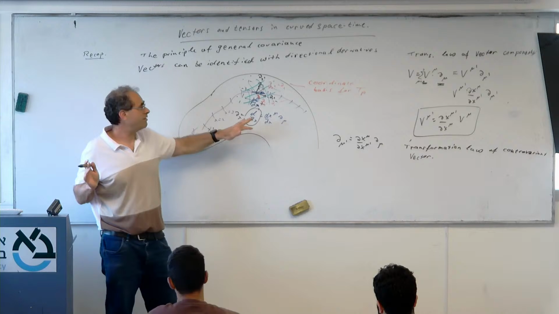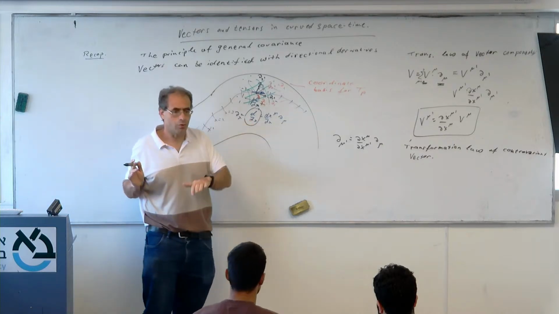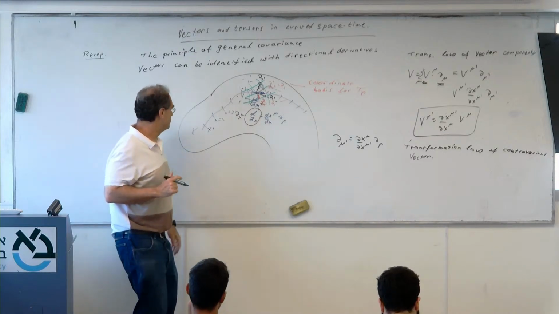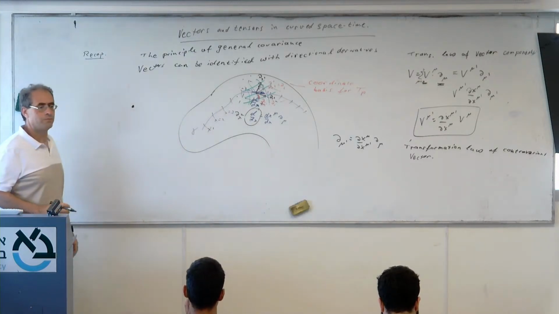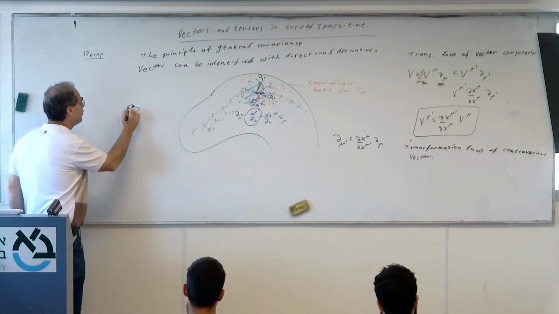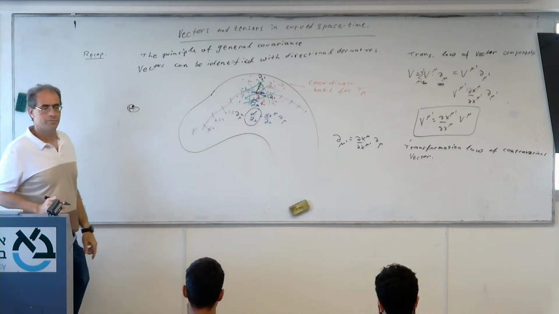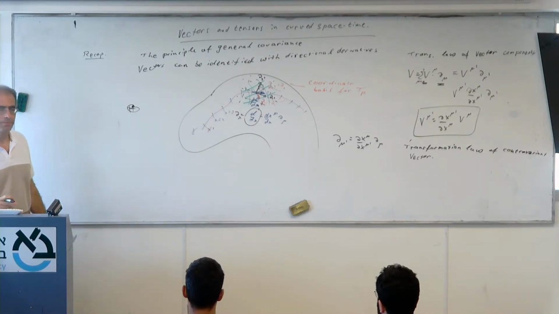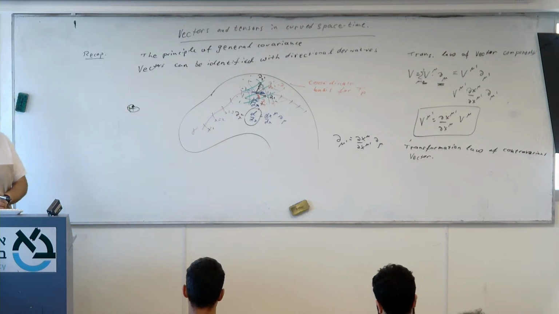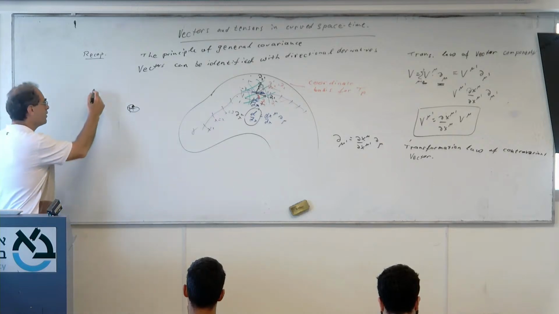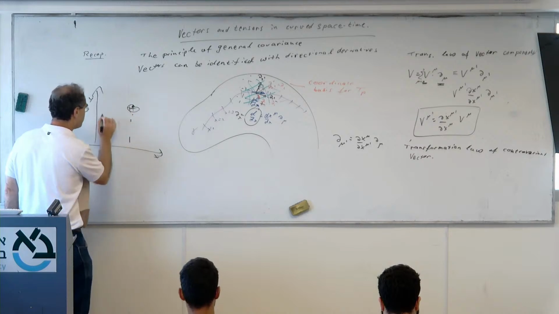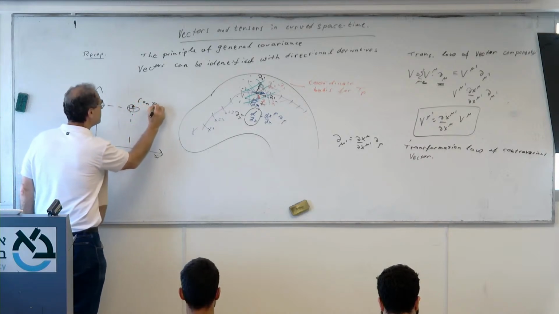It's easy for me to define a vector via its components in a given coordinate system. Say I have an object here in space, a ball. Where is this ball? It's there. If I want to describe to you where the ball is, I had better put coordinates, and I can tell you: this is x, this is y, and the ball is at x0, y0.